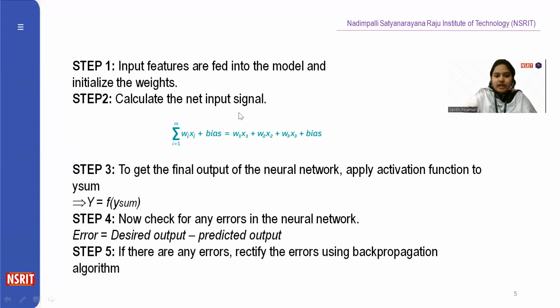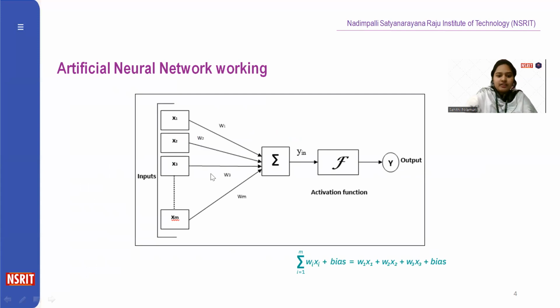Net input signal means, first we will multiply all the inputs with their corresponding weights. That means x1 into w1, x2 into w2, x3 into w3, and so on up to xm into wm.